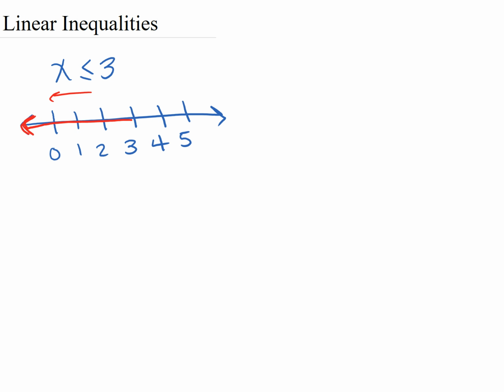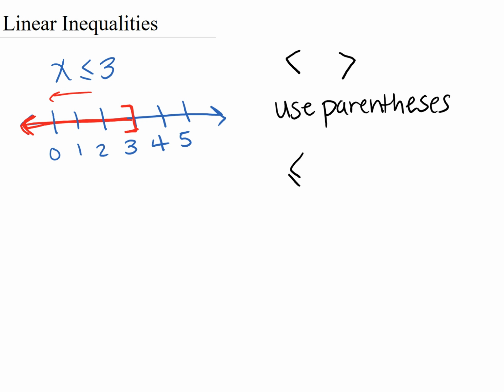But because it is less than or equal to, I don't put a parenthesis, I actually put a bracket. So to generalize, anytime I have less than or greater than, I use a parenthesis. Anytime I have less than or equal to, greater than or equal to, I use brackets.